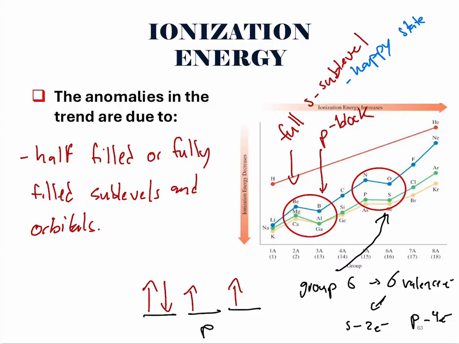Whereas with the extra electron, this kind of adds a little bit of imbalance now, right? One of these rooms is full and the other ones aren't. So it makes it easy to get rid of this electron because a half-filled p sublevel is what we would say is a happy state, or a low energy state.